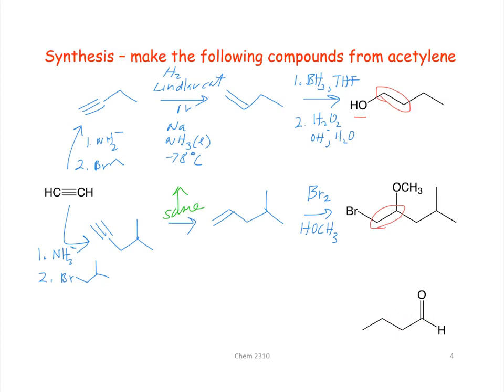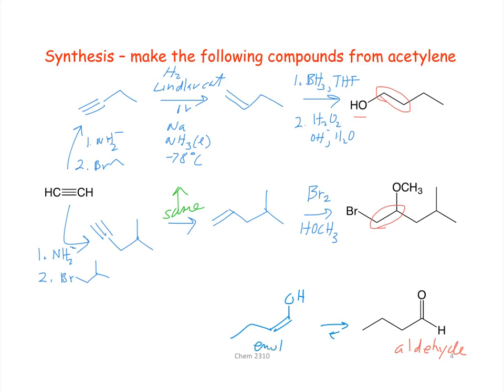What kind of functional group is that again? Remember, this is called an aldehyde. How are we going to make an aldehyde? The aldehyde is going to come from an enol like this. And how do we make an enol?